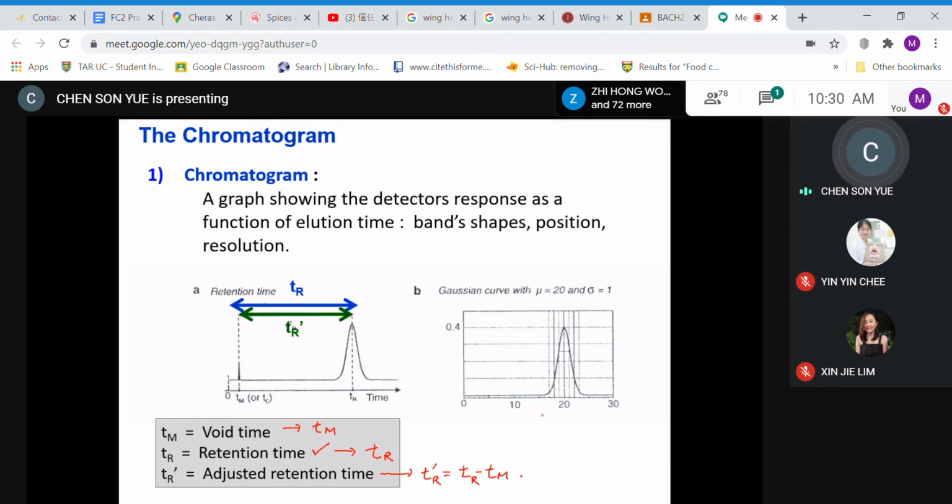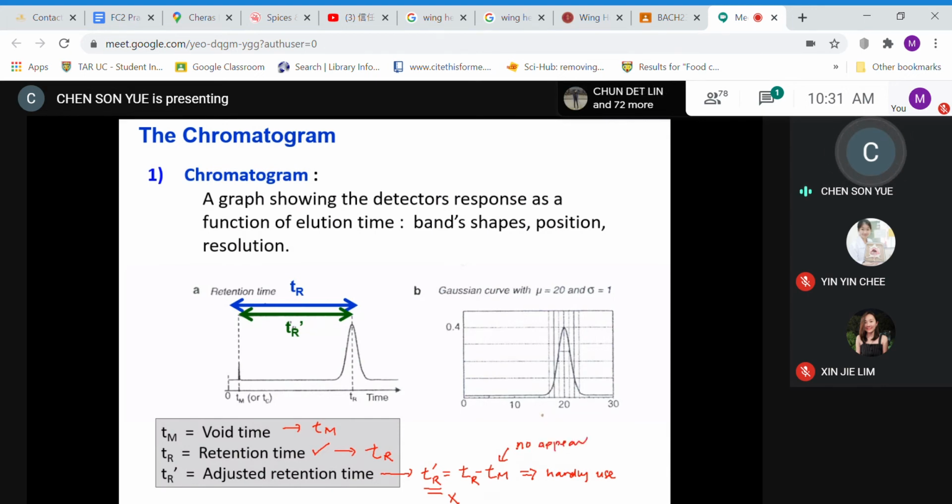But usually, as you can see, I never use this one, or we hardly use it. Why? Because most of the time, TM does not appear in the analysis.